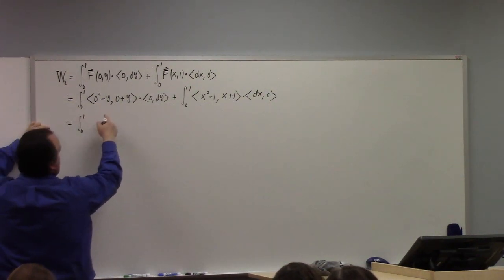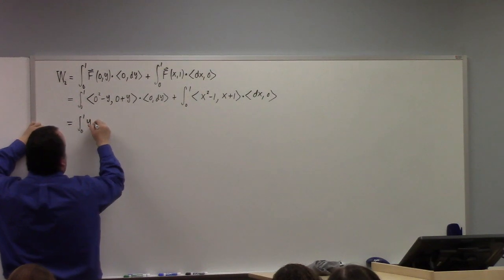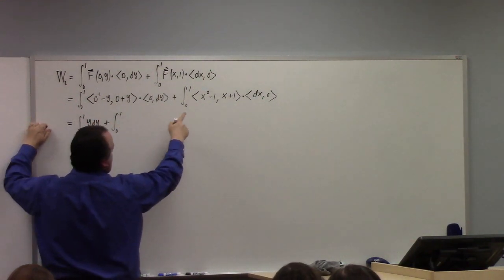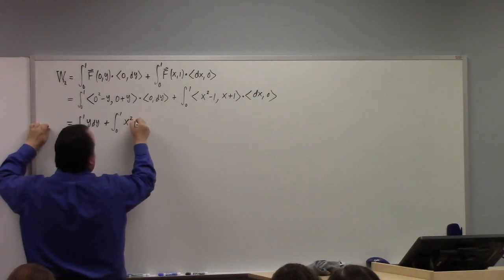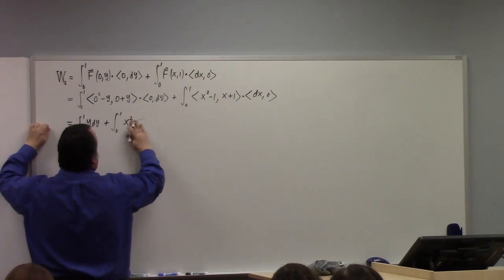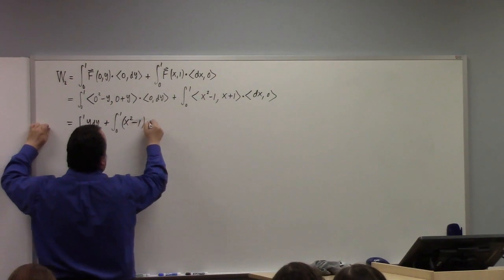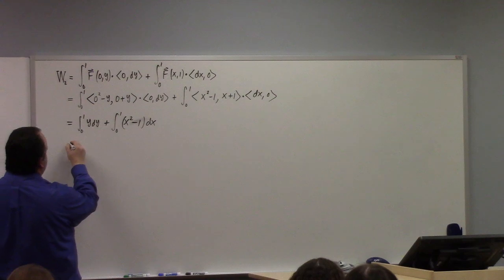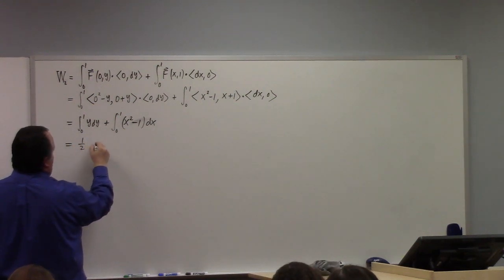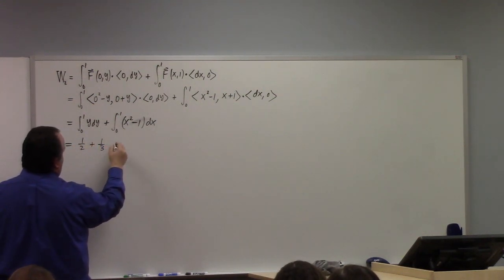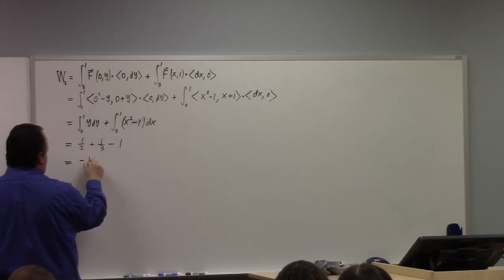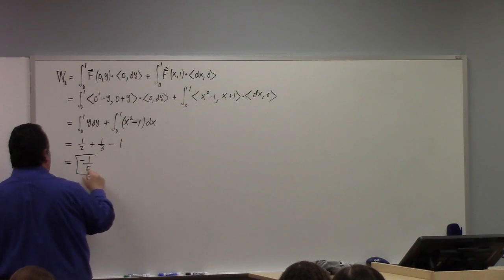Integral from 0 to 1 of y dy, plus the integral from 0 to 1 of x squared minus 1 dx, right? These integrals are simply 1/2 plus 1/3 minus 1, also known as minus 1/6.